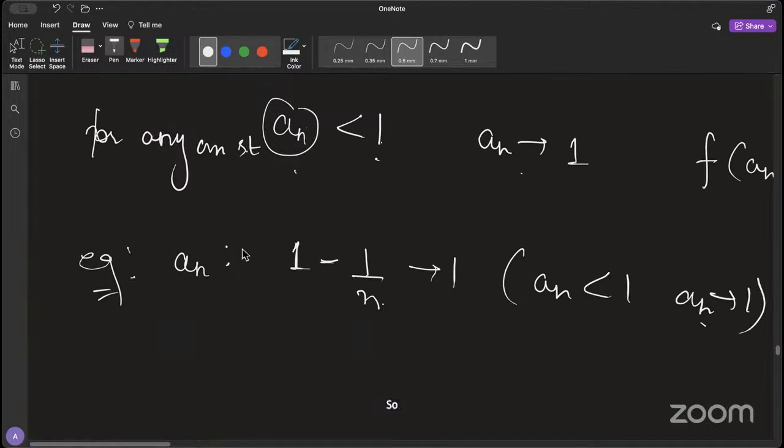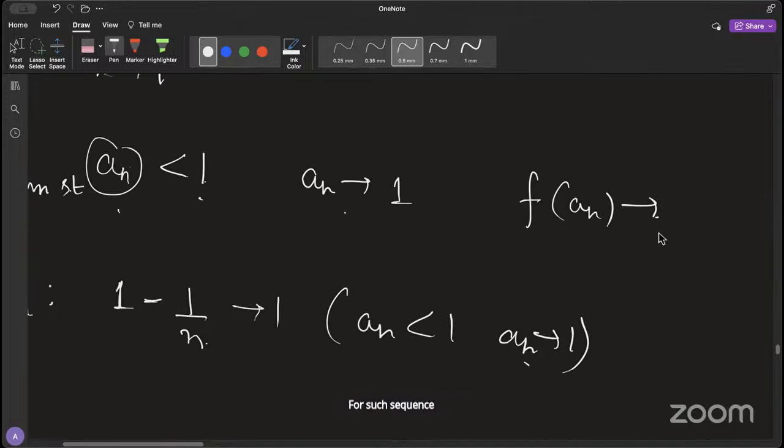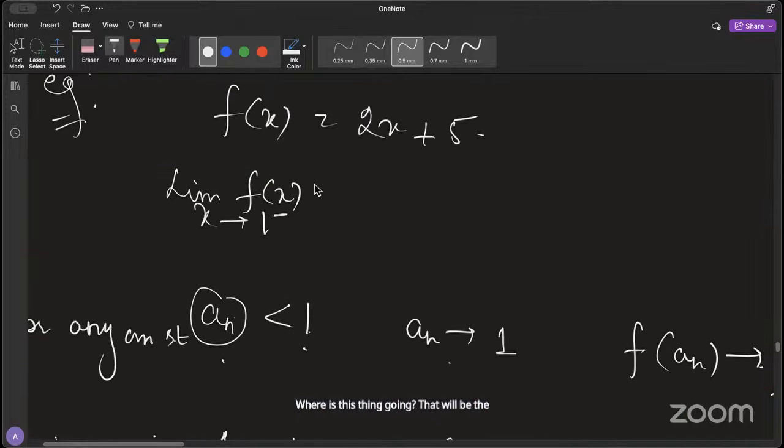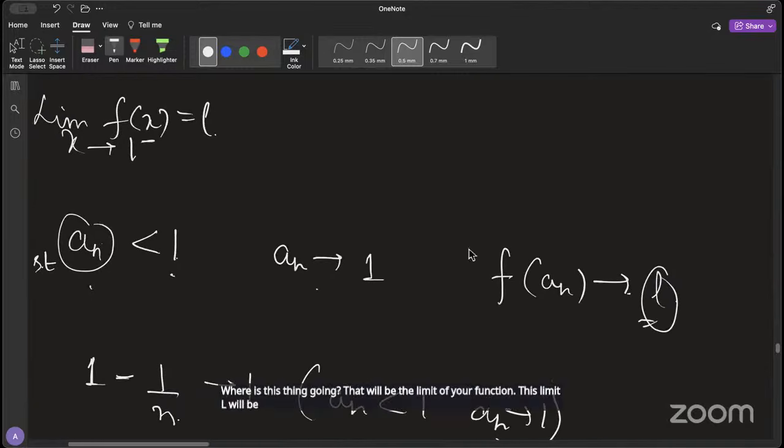You have to make sure that for every sequence whose terms are less than 1 and that converges to 1, your f(a_n) goes to some value, and that will be the limit of your function. Let's see where this is going.